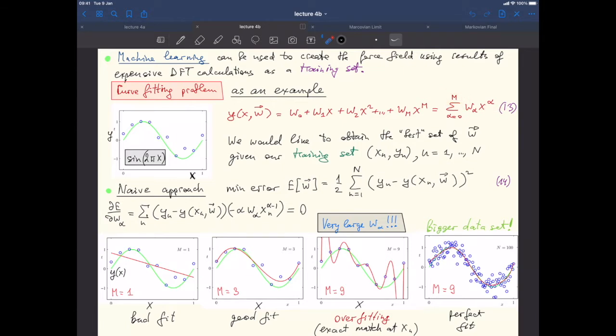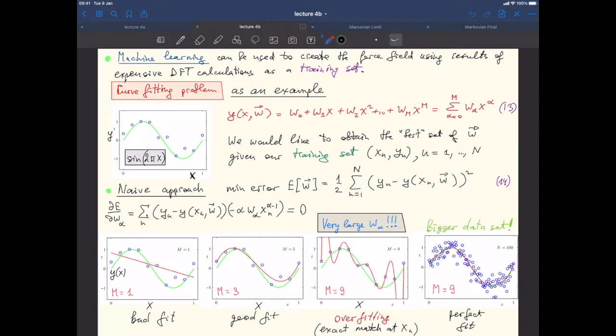So in other words, given these 10 points, so we know precisely the positions of these points x on the x-axis and their value y on the y-axis, we would like to choose these coefficients omega, which form a vector omega, such that if we choose another point x, which is outside this training set, we would have a very good prediction of this value of the y corresponding to this point.